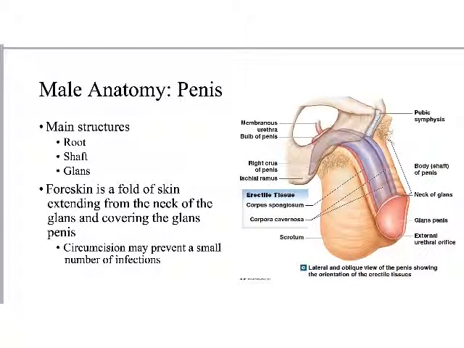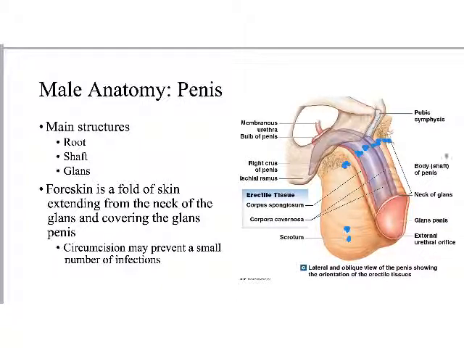So if you move from the reproductive tract to the external genitalia, or the external male anatomy, we've already talked about the scrotum, which of course you see here. And then you have the penis, which is the main part of the male external genitalia. And we kind of split up the penis into three different sections. So the root would be the part down at the bottom that's connected to the anterior pelvis and the scrotum.